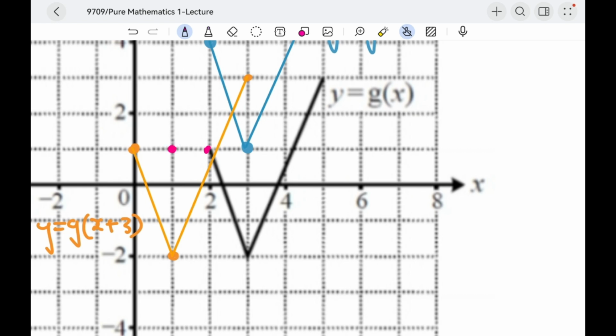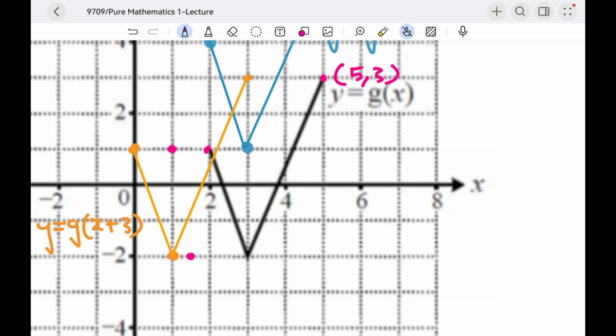Okay, for this is 3, negative 2. So its new transformed coordinate is 1.5, 2. Okay, because 3 over 2 is 1.5. So graph would look like this. Okay, and for this one is 5, 3.